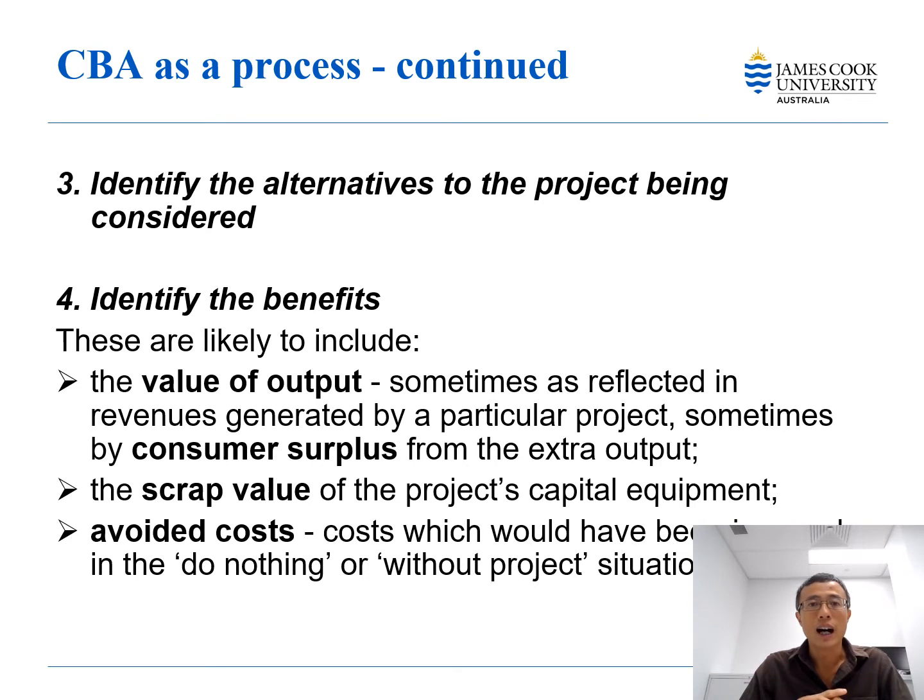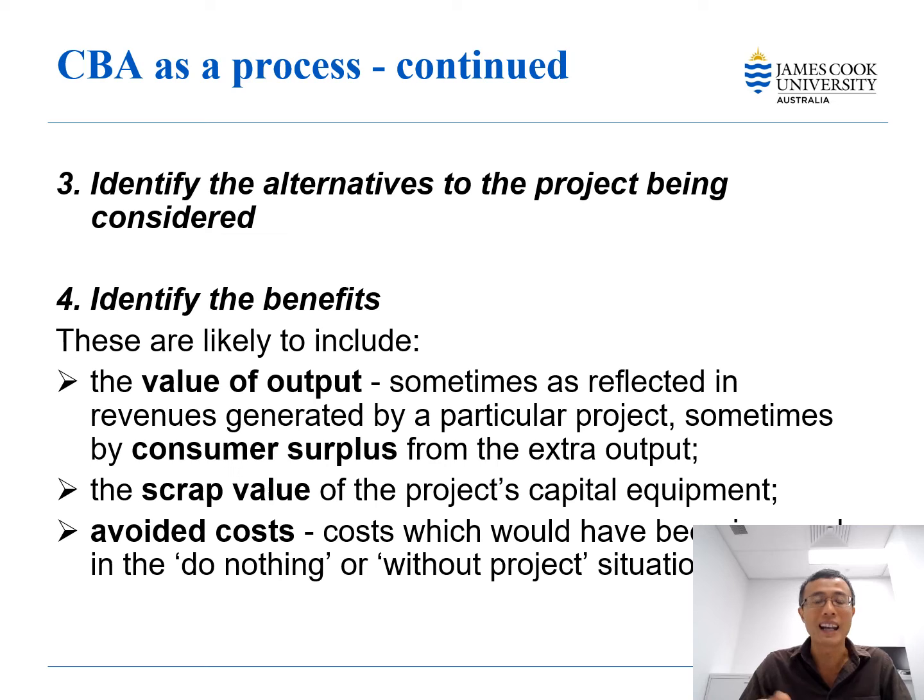Step three, identify the alternatives to the project being considered. If you don't go ahead with this project, what other alternatives can you do? Be clear about this. Then we proceed to step four. Remember, in cost-benefit analysis, a key component is to derive the net social benefits, which requires information on the items of benefits and items of costs.